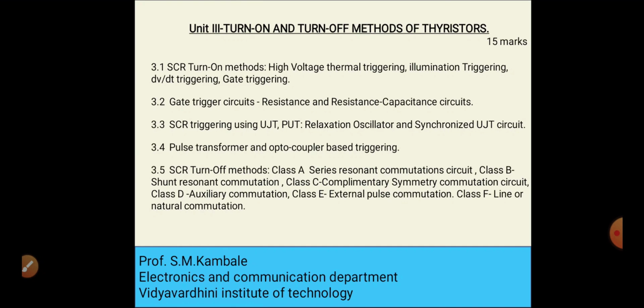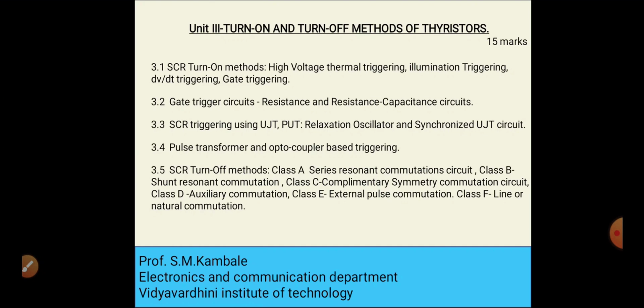And the most useful method to turn on the SCR is called gate triggering. By giving current to the gate, the gate will be activated and gate current will start flowing. Because of that, the SCR will be turned on. These are the SCR turn on methods.